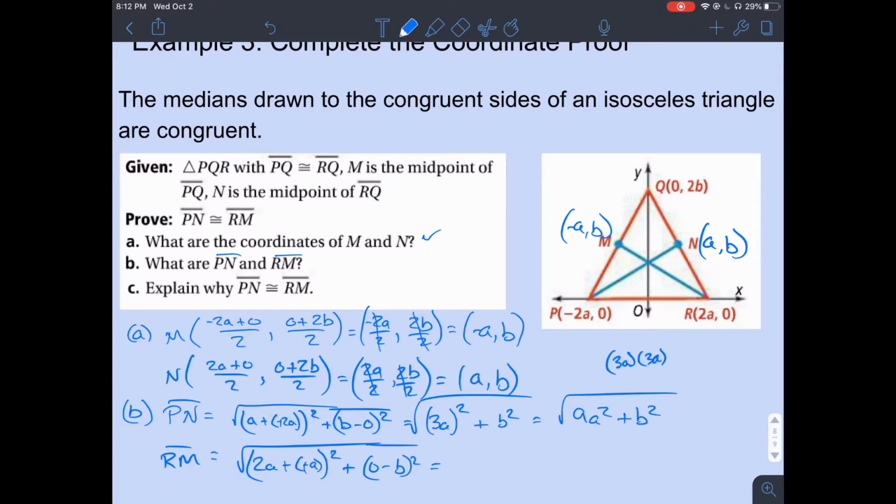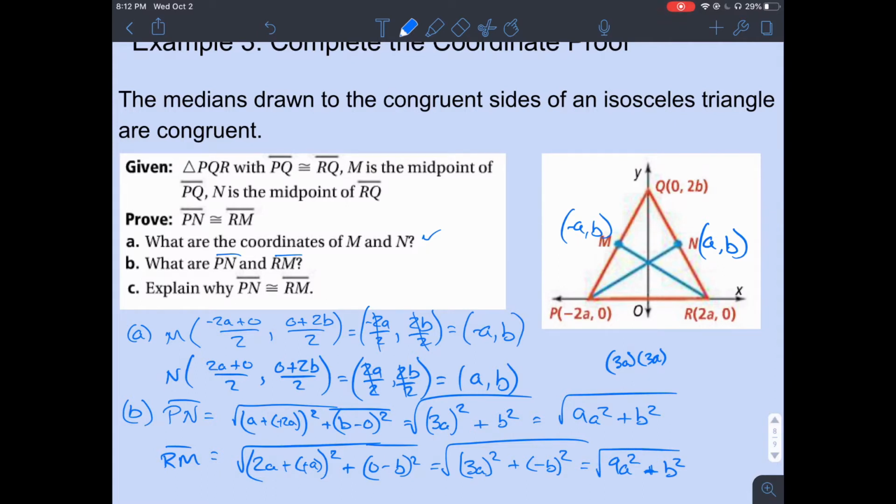So we'll add 2a and a, which gives me a total of 3a, quantity squared, plus negative b, quantity squared. And now we're going to square each term, which means we're going to multiply 3a by itself. So it's going to be 9a squared. You square the 3 and you square the a. And then negative b squared becomes a positive b squared, because a negative times a negative is a positive.